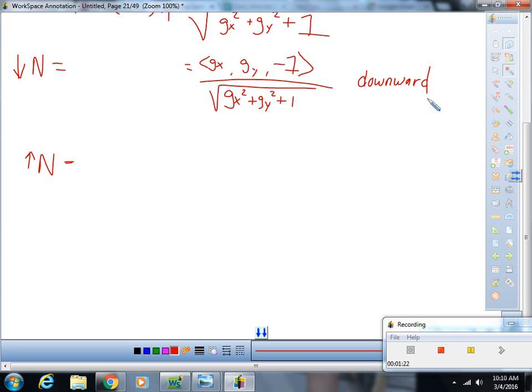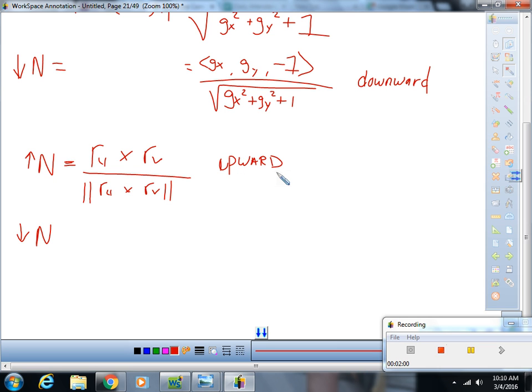So n positive is just r sub u cross r sub v over the magnitude of r sub u cross r sub v. So hopefully you recognize these from our prior things. And if you want the n downward, this one was upward.